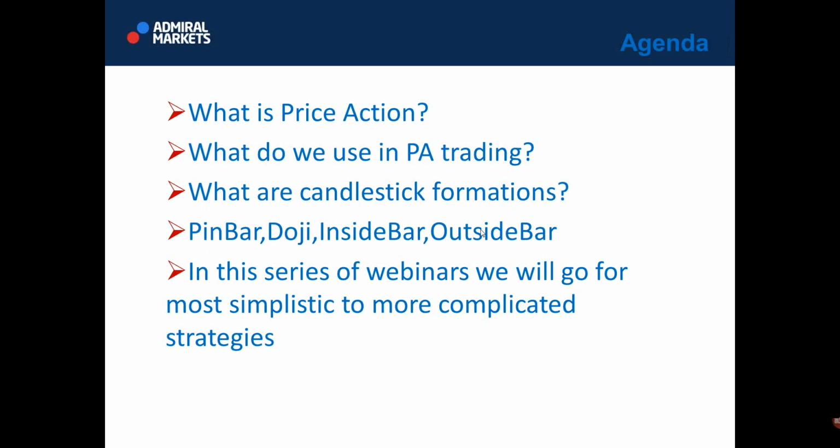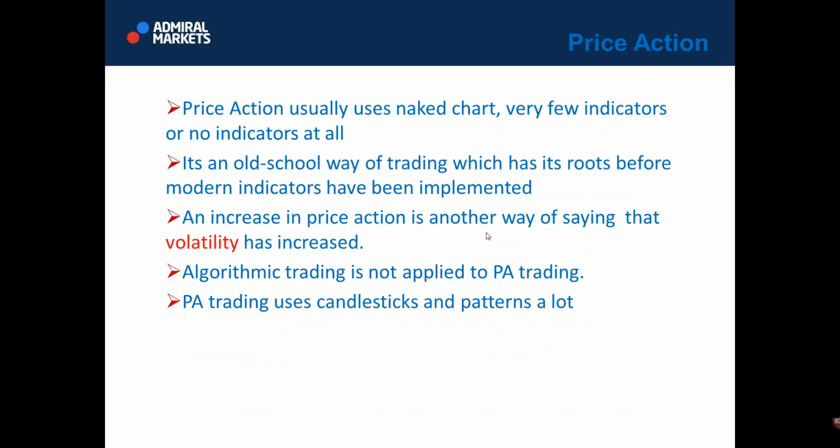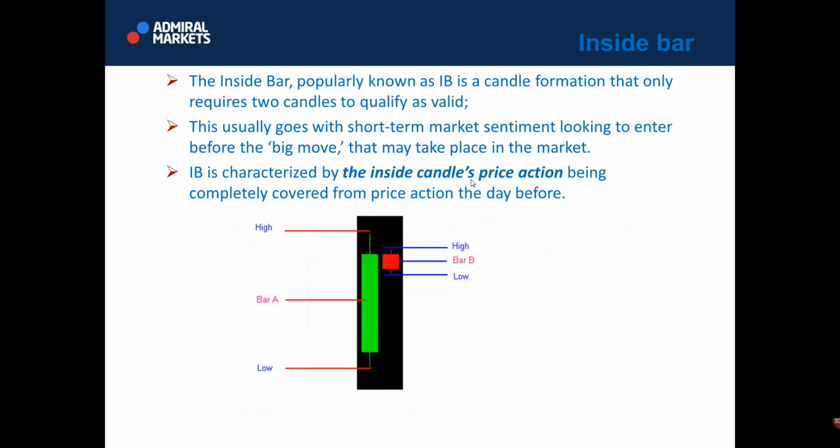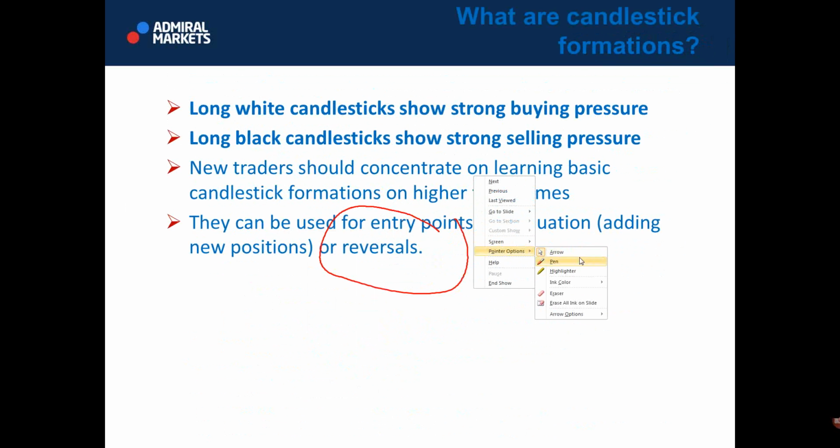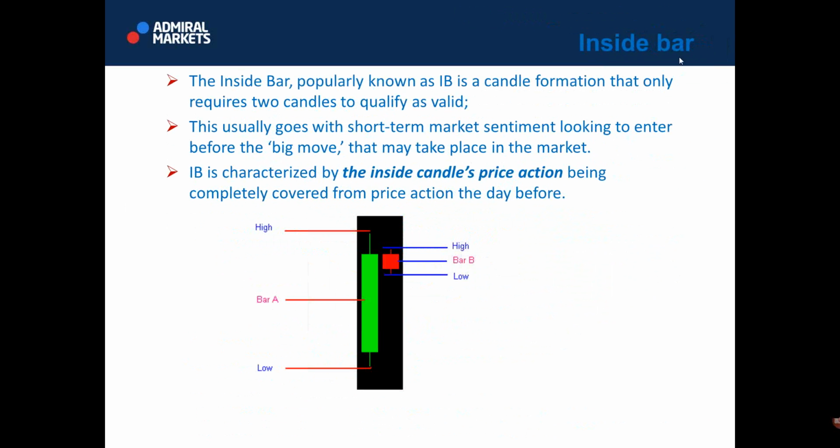For each of them we know the rules, how they are formed. What is an inside bar? The inside bar is popularly known as IB, and it's a candle formation that only requires 2 candles to qualify as valid.